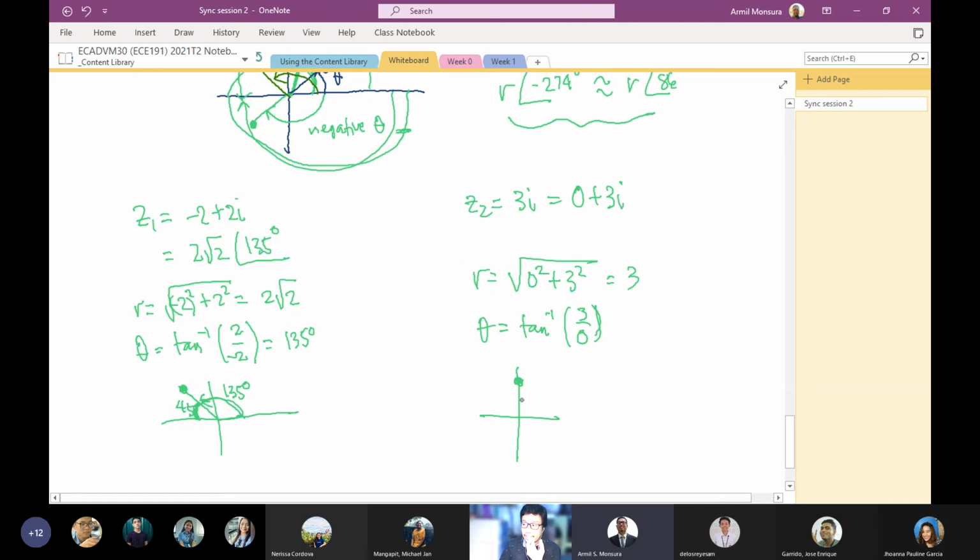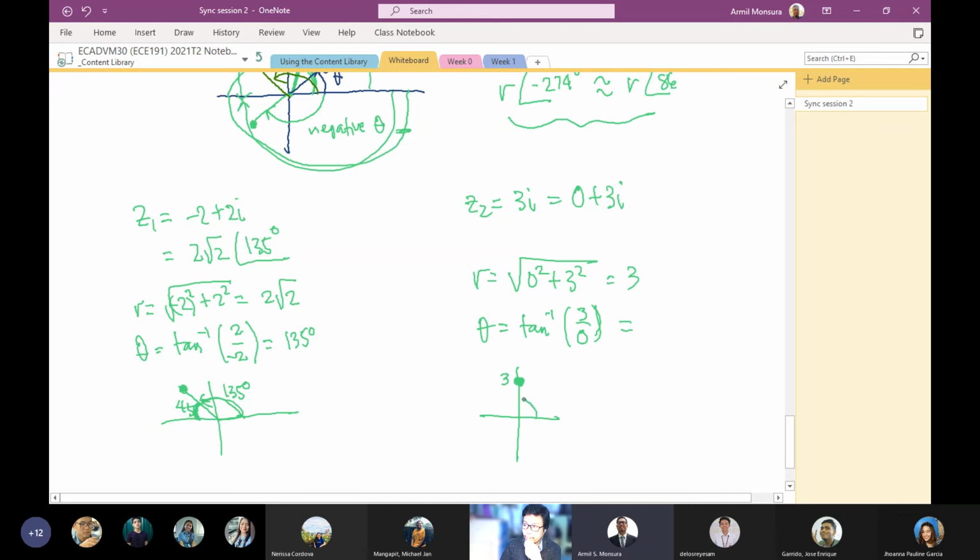So that you can actually locate where the point is, and then you can determine easily, kasi from here you cannot compute this one. Pero if you actually locate this point, this 3i, you can actually locate it here. That is your 3. Therefore, what is the angle here? Ito yung point nyo.